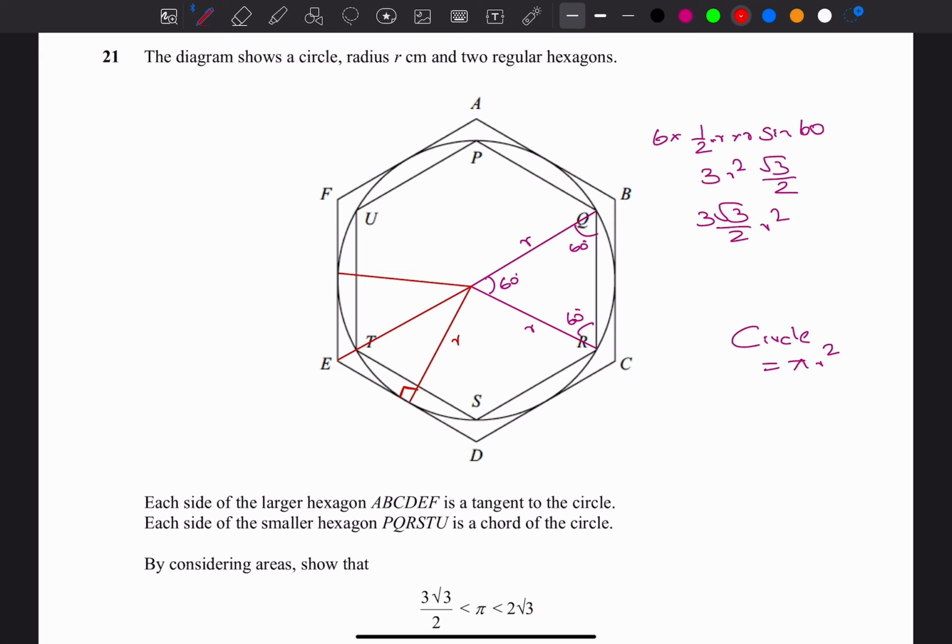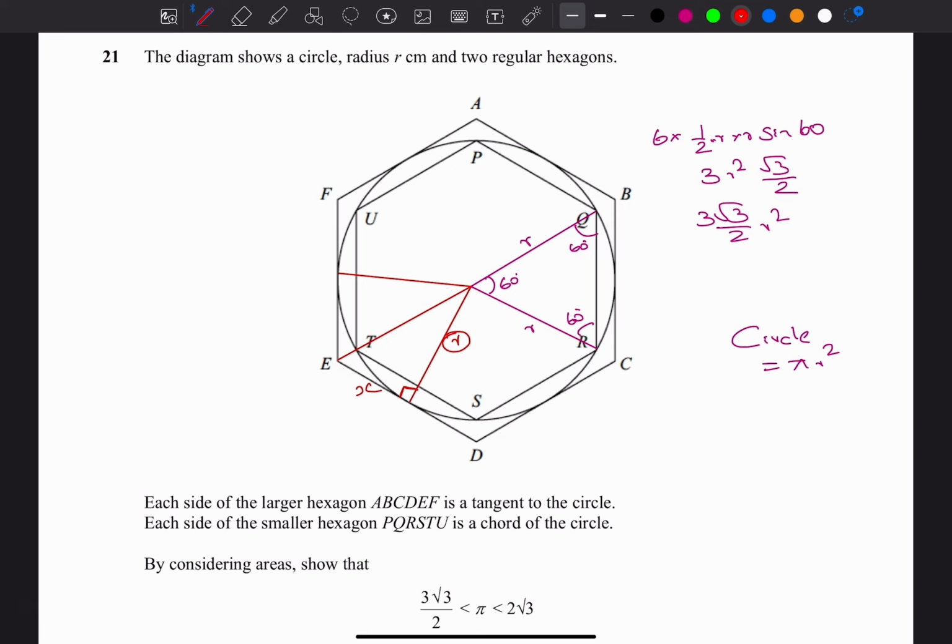So what would the radius of that be? Let's call this x, and that's r. You know that's 90, so I can know this angle.